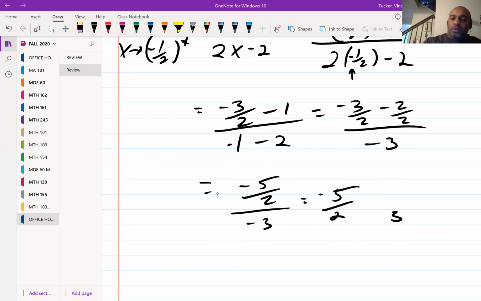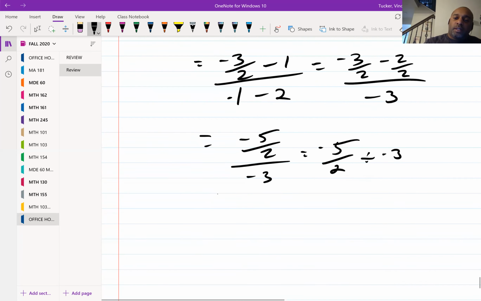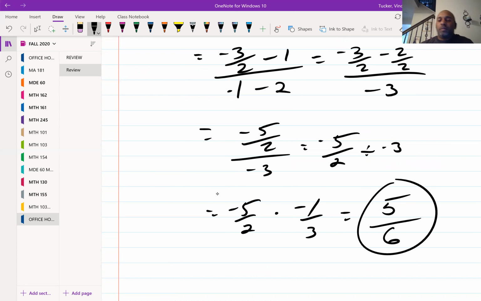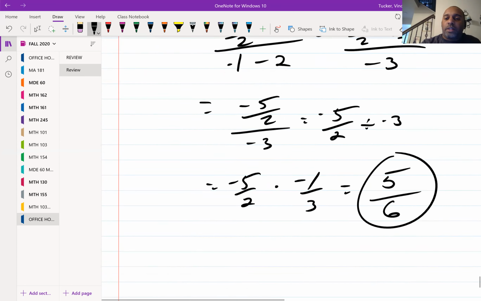If you really want to go through the process, -5 over 2 divided by -3. Then that turns into -5 over 2 times -1 over 3. Whenever you're dividing by a number or a fraction, you multiply by the reciprocal. So that's what happened here. Now I have negative times a negative, which is +5 over 6. All right, so looking down at the problem, I noticed I had left off that negative. So my answer is 5 over 6.